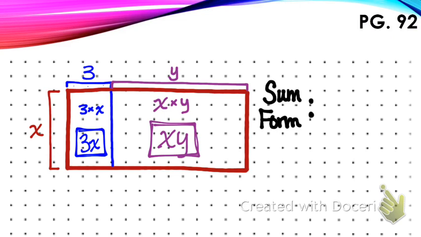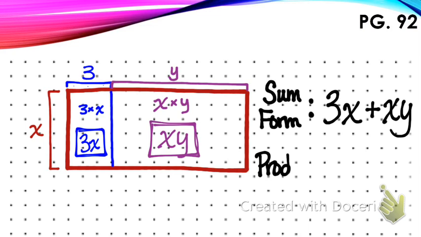Addition. So it's going to be 3x plus xy. If I was multiplying those two, then yes, I would get that squared. And then I want to do product, sometimes called factored form.